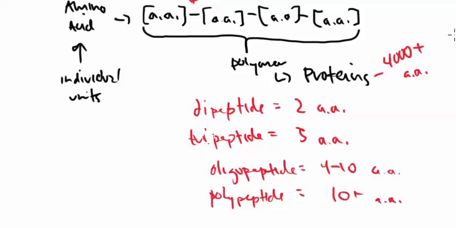So we can get many different types of proteins from the set of 20 amino acids that we have to work with. So think of the amino acids as kind of like a crayon box. Each amino acid is a color. And you can go in and pick out however many colors you want and start drawing on the sheet of paper. And proteins are very similar. Proteins can go into the crayon box of amino acids, pick out whatever amino acid they want, and then begin to basically draw a picture with it.